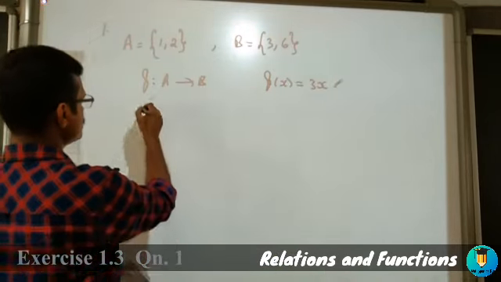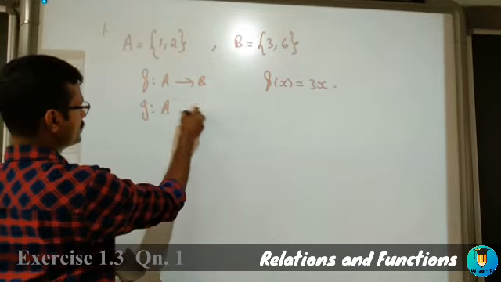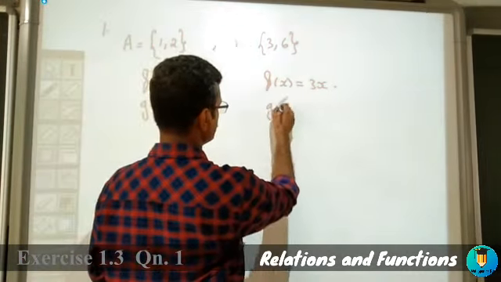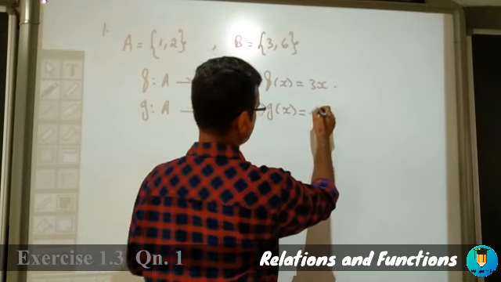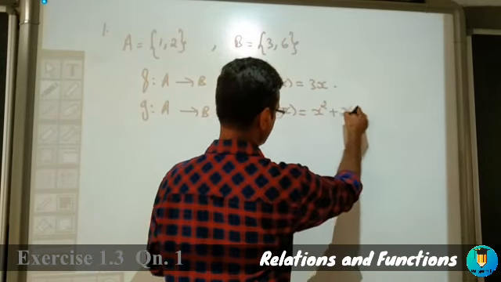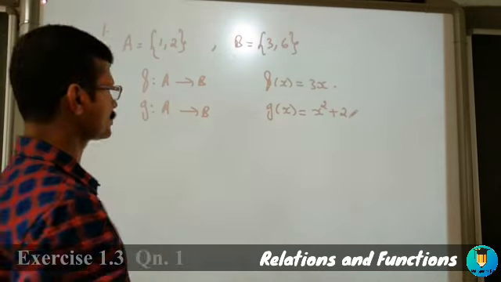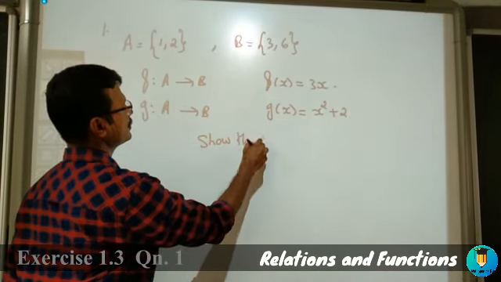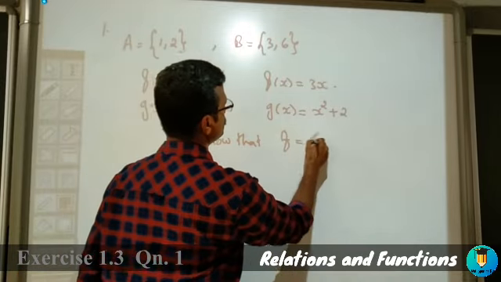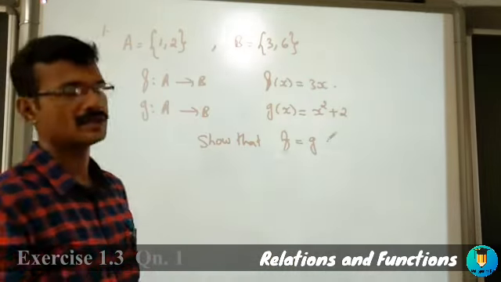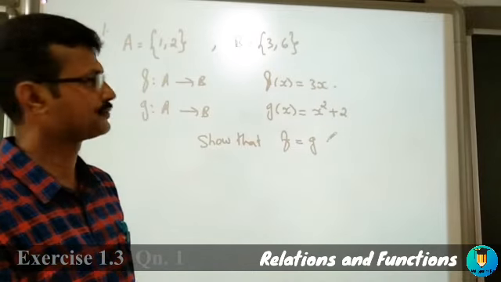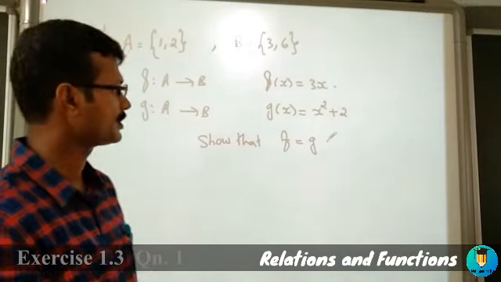Another function g is defined from A to B, defined like this: g(x) = x² + 2. We have to show that f is equal to g. It means we have to prove that the two functions are equal.